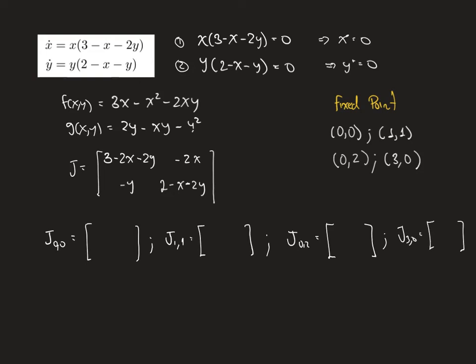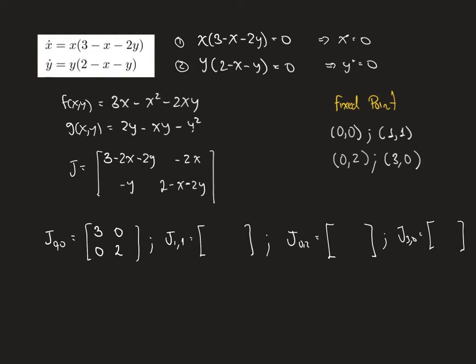So let's start with the first one, J(0,0). This is simple. The first term is going to be 3. The second one is 0. The third 0. The fourth 2.